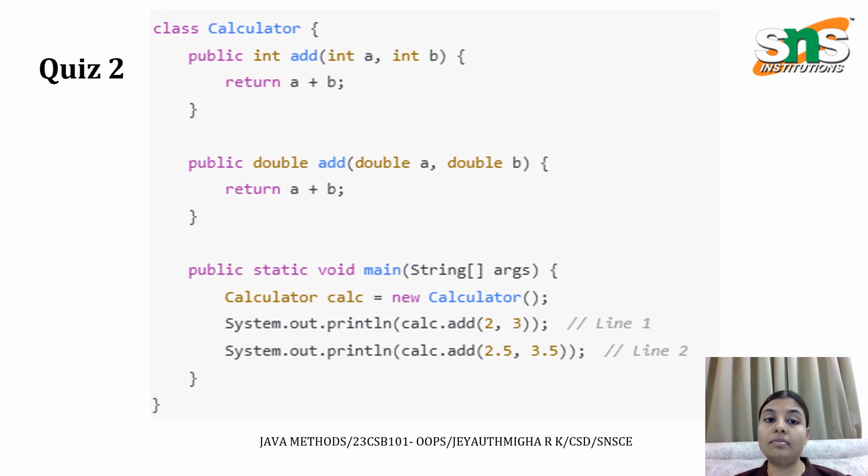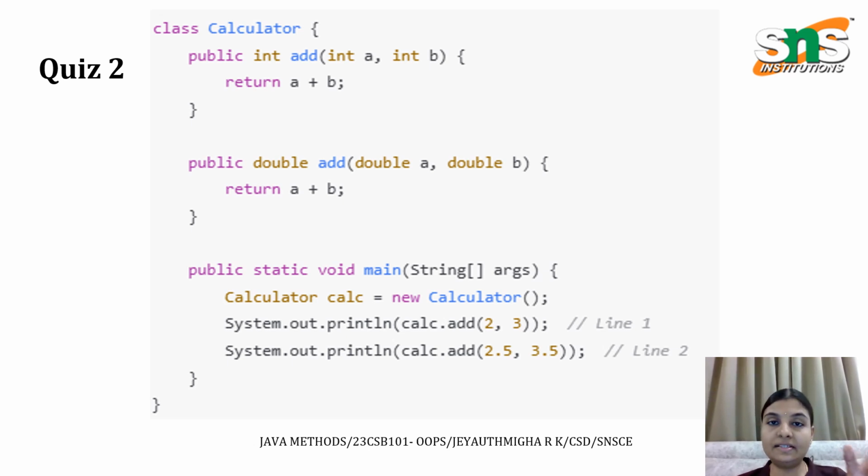So we have defined two functions. This we call formal parameters, the arguments in the function definition. It returns a plus b, and here it returns the same a plus b. Here you see the execution starts from the main function, and we have the object calc.